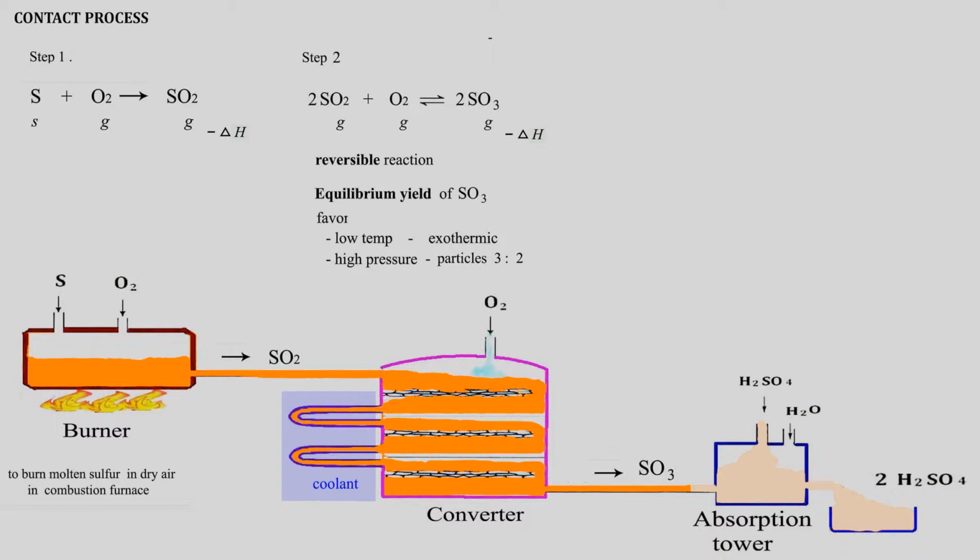Now look at the temperature first. Because it is exothermic, I put the heat after the arrow. Once they form, you have to lower the heat to give you more product. That's why once they form, you have to keep pulling them into the coolant to cool down, because they produce too much heat.